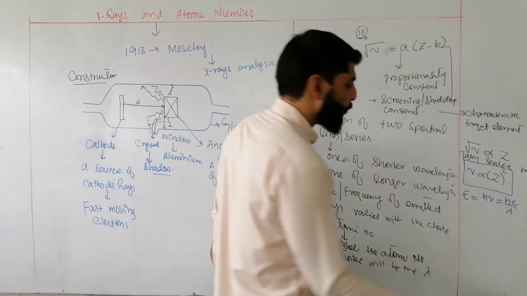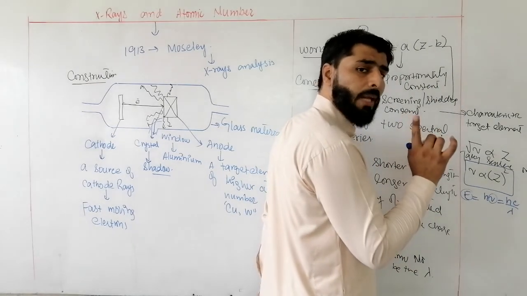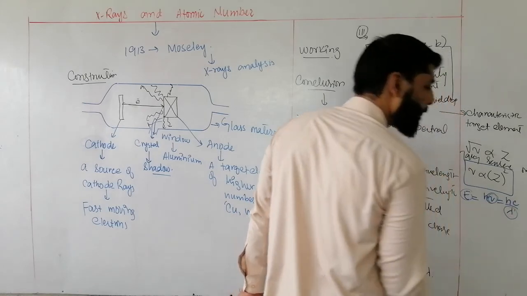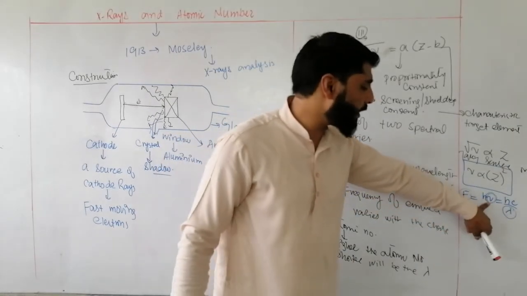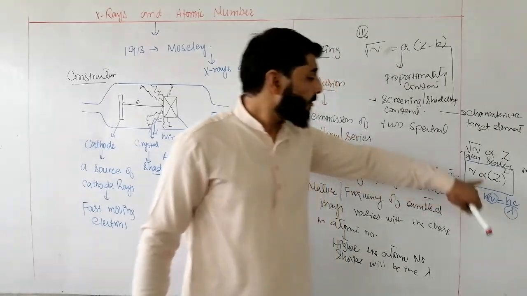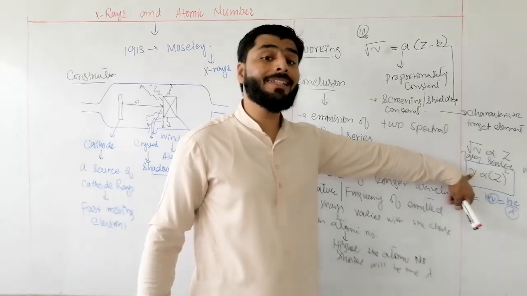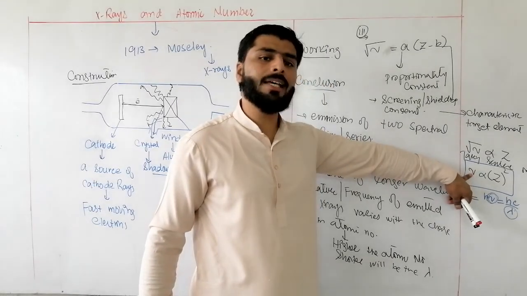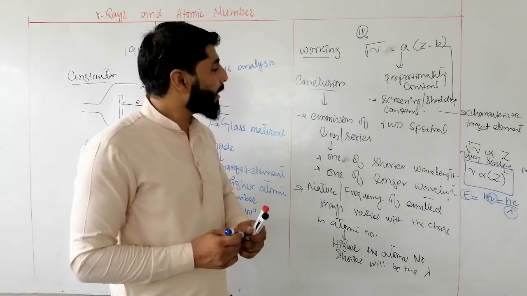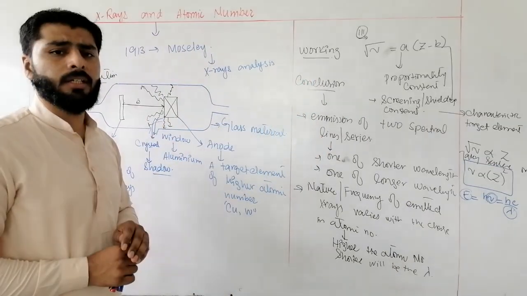It means energy and frequency are directly related according to Planck's quantum theory, and both frequency and energy are inversely related to wavelength. With the increase in atomic number, frequency and energy will increase. As a result, wavelength will decrease.